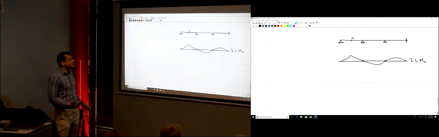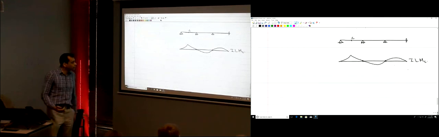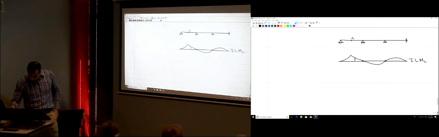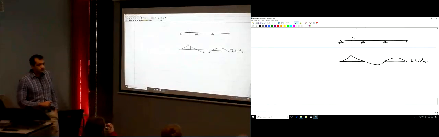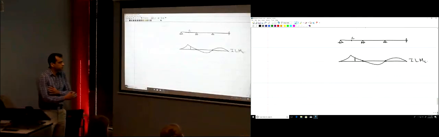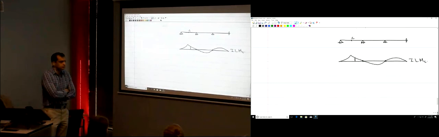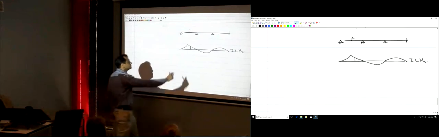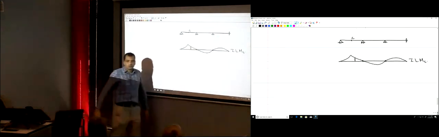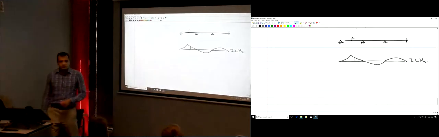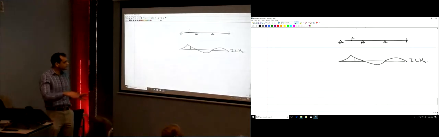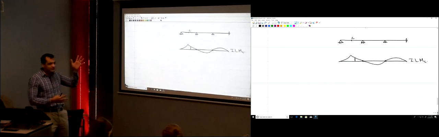What does this influence line drawing mean? What does this height represent? What does this height that I just drew represent? It's a function, right? X is the distance and y is the influence line.